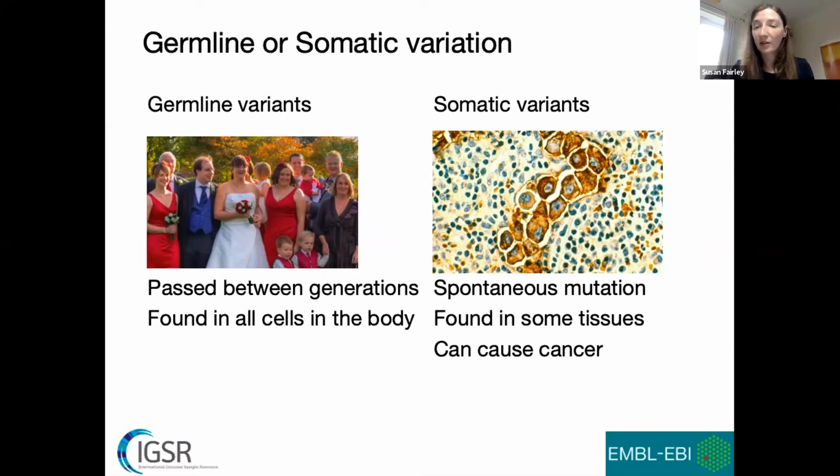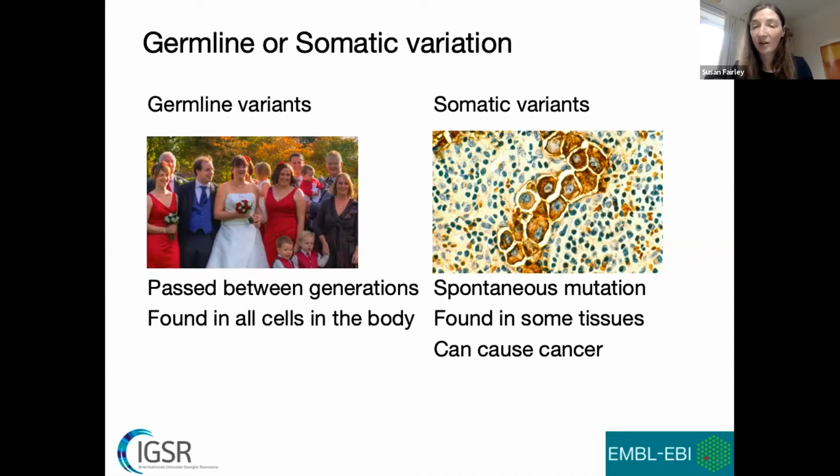Somatic variation is different. Somatic variation is something that has occurred spontaneously. So you're going to have started off with a cell somewhere in your body. Let's say it's maybe a skin cell on my hand. And at some point, as the cell is going through its cycles and continuing to divide and so on, as it works through the replication process, mutations can occur.